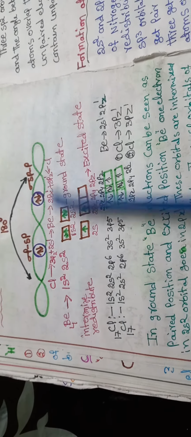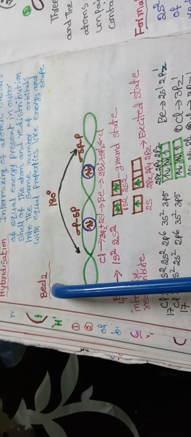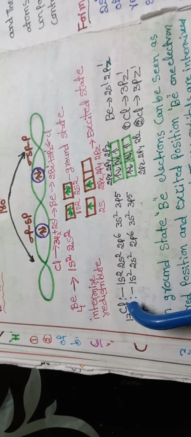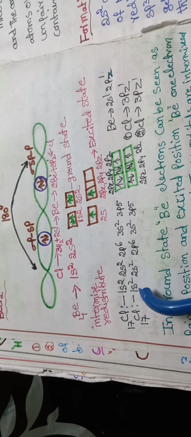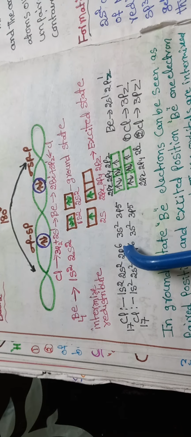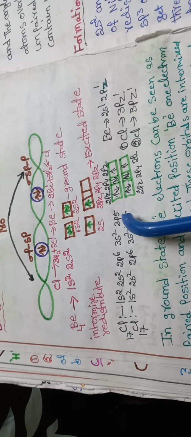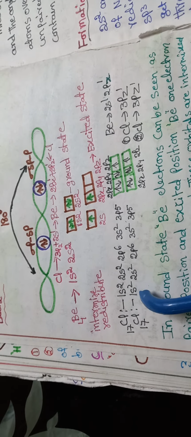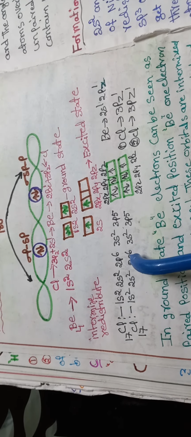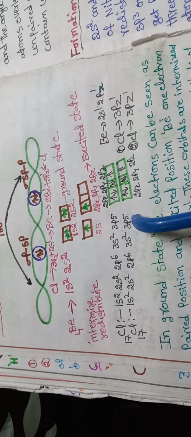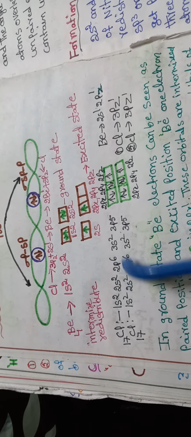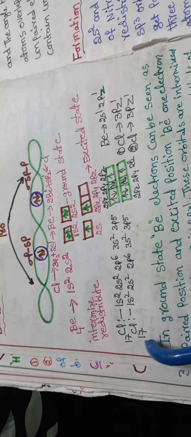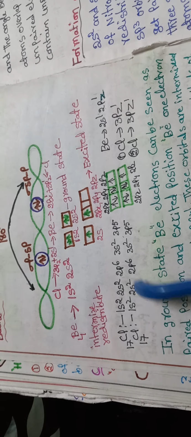Next, chlorine. How many chlorines are there? 2 chlorines, BeCl2. First chlorine electron configuration 1s2, 2s2, 2p6, 3s2, 3p5. Second chlorine electron configuration 1s2, 2s2, 2p6, 3s2, 3p5. So these electrons add up to the atomic number 17.